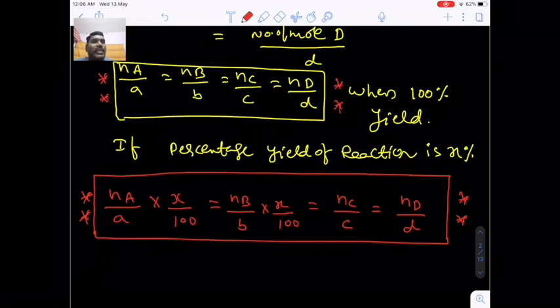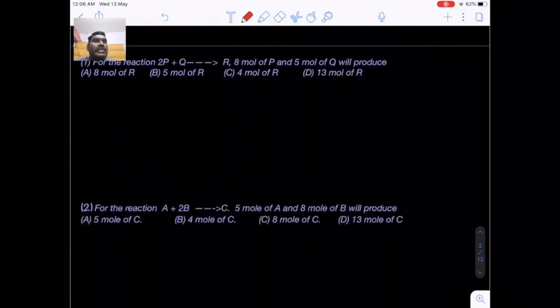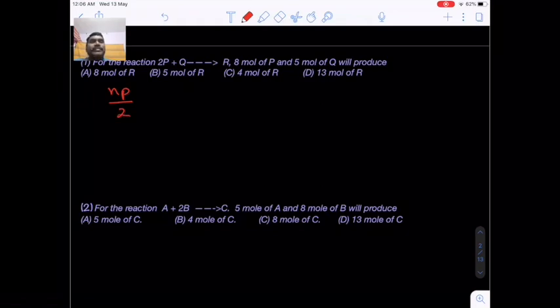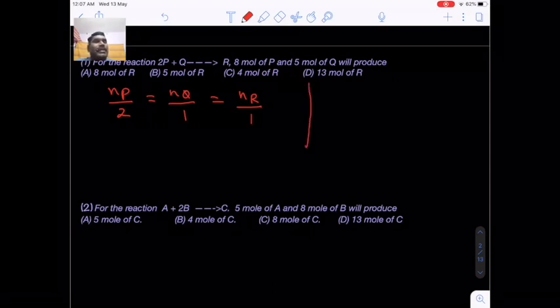Now here, for this equation, number of moles of P by stoichiometry 2 is equal to number of moles of Q by stoichiometry 1, is equal to number of moles of R by stoichiometry 1. Now first of all, identify the limiting reagent. That is very important. How many moles of P are given to you? 8 moles.